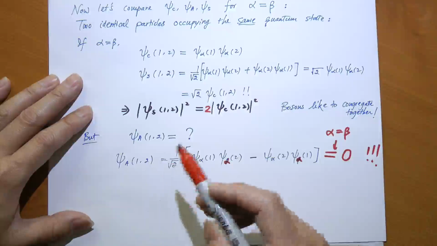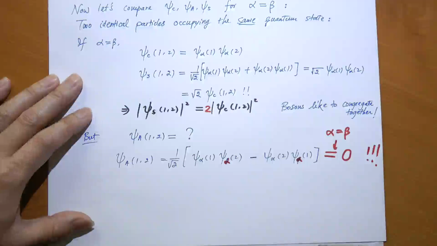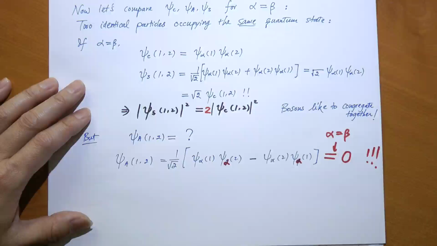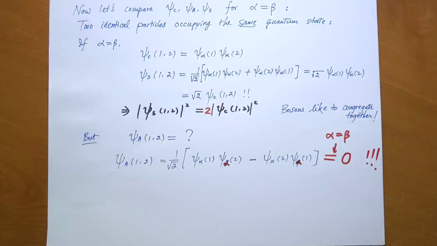So these two fermions, 1 and 2, if they're identical particles, cannot possibly occupy the same quantum state, because the combined wave function satisfying the anti-symmetry under exchange would be 0. Such a situation does not exist. This, in fact, is the origin of the Pauli exclusion principle.